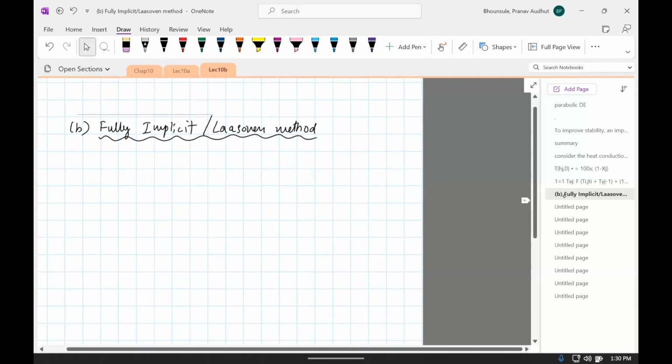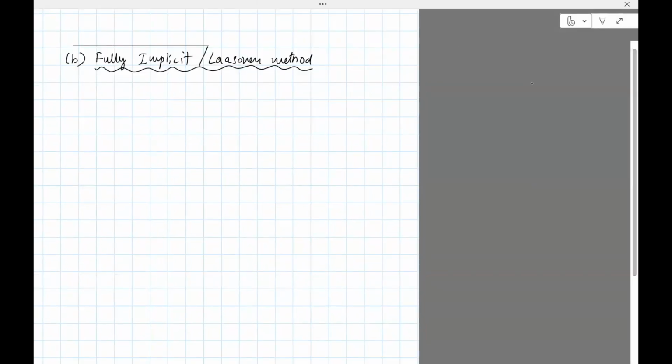Formula is minus f T(i+1, j+1) plus (1 plus 2f) T(i+1, j) minus f T(i+1, j-1) equals T(i, j).